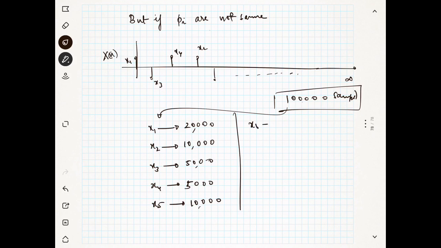My x6 may take 5,000 times, x7 let's say 5,000 again, x8 is 10,000, x9 is 10,000, and my x10 is 20,000. So I got a total of 1 lakh samples.